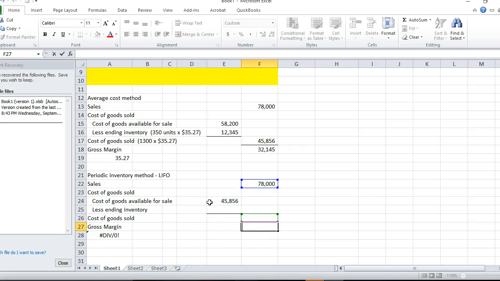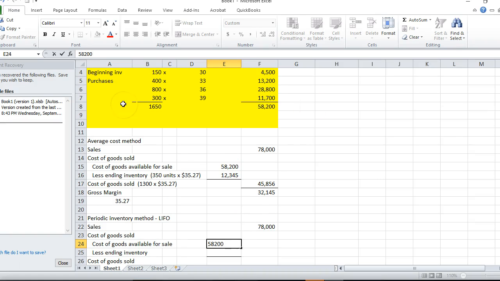We do know that using Lifo, our cost of goods available for sale is going to be the same. It's $58,200, isn't it? See from up here? $58,200.